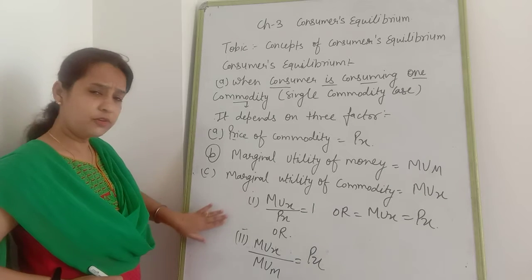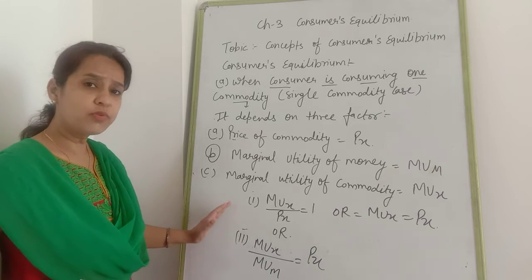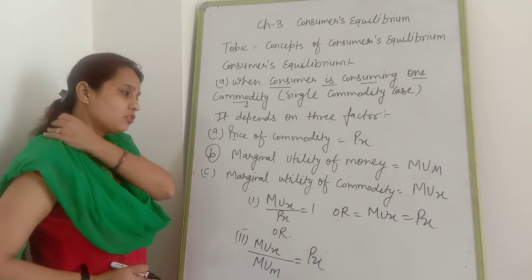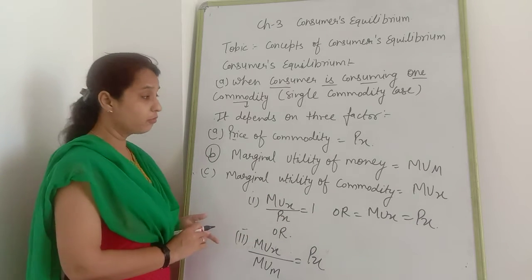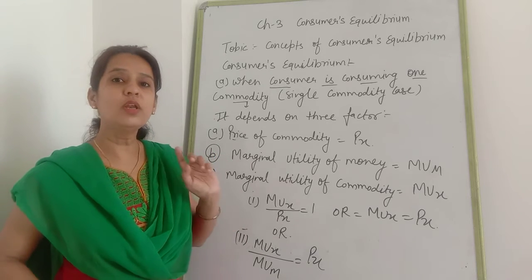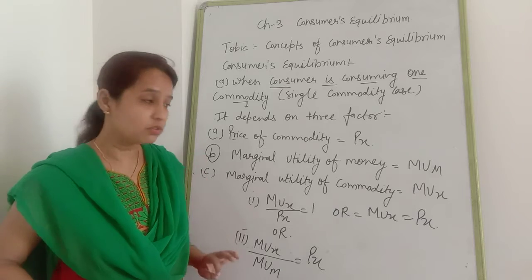Out of these three factors, we are able to find out the consumer equilibrium. How are we going to find out the consumer equilibrium? If in the question the money value is given as only 1 rupee, it means it is a constant.